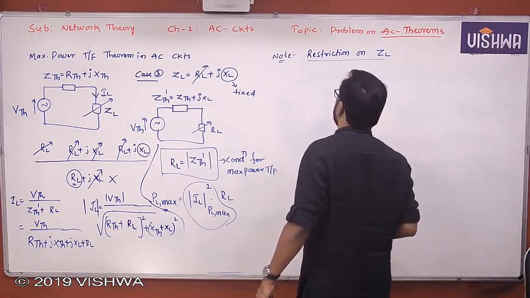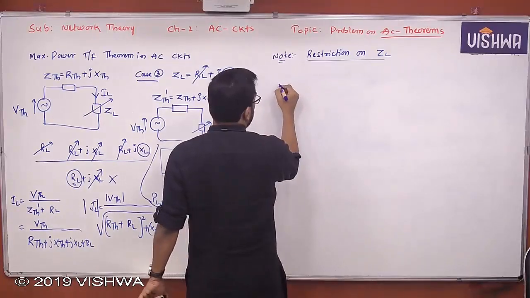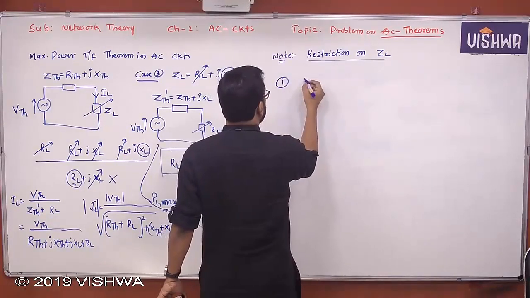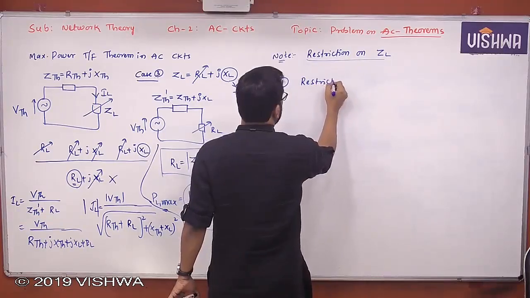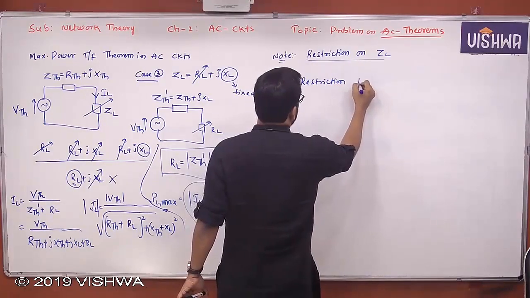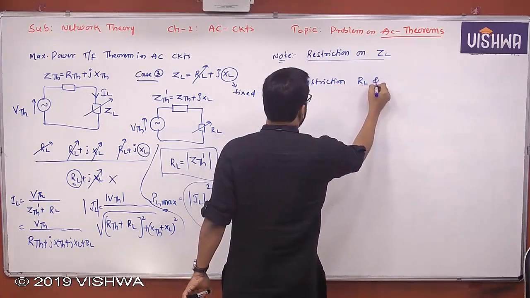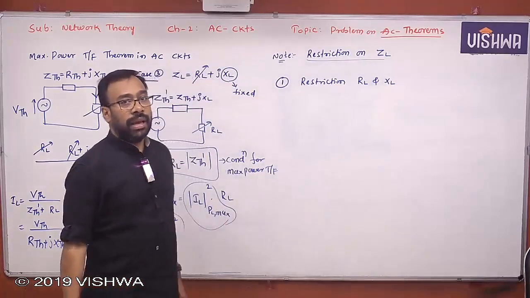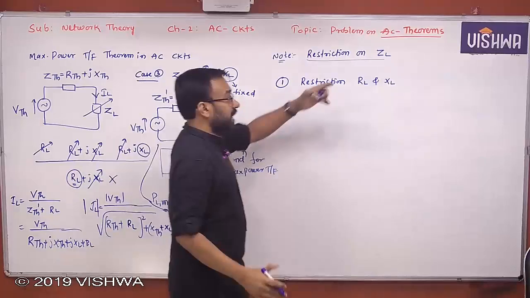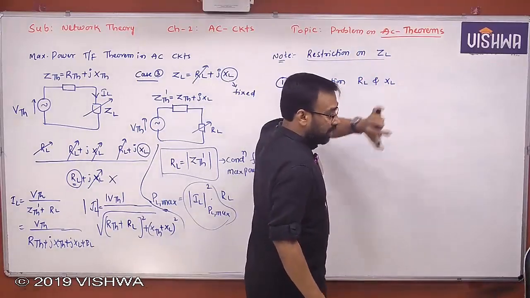Understand? Okay. So first one, let us see the first restriction: restriction on RL and XL. Then we will see the angle of ZL, something like that. We have some restrictions here.